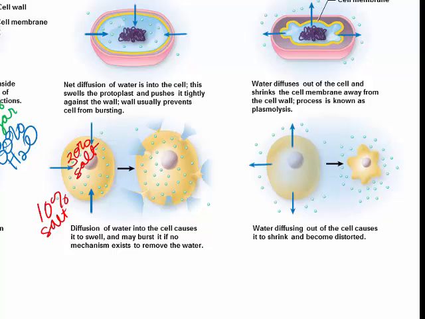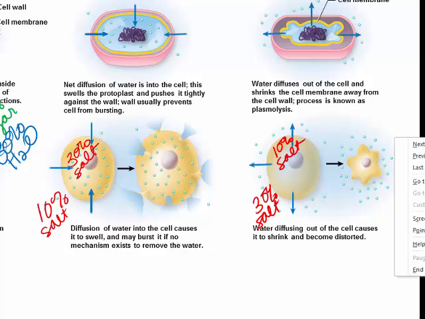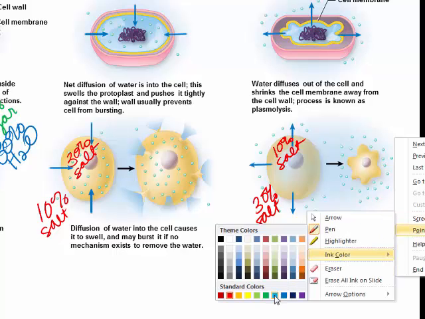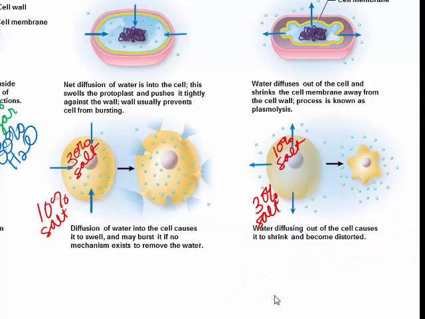Or if we go over here in the hypertonic solution, what if we say that there's 30% salt on the outside and this one only has 10% salt on the inside of the cell? Well, that doesn't give you all of the information, especially if I want to know about what happens to the water. So what do you do? You go in and say, all right, well, that means this one is 90% water on the outside, and this one is 70% water on the inside.